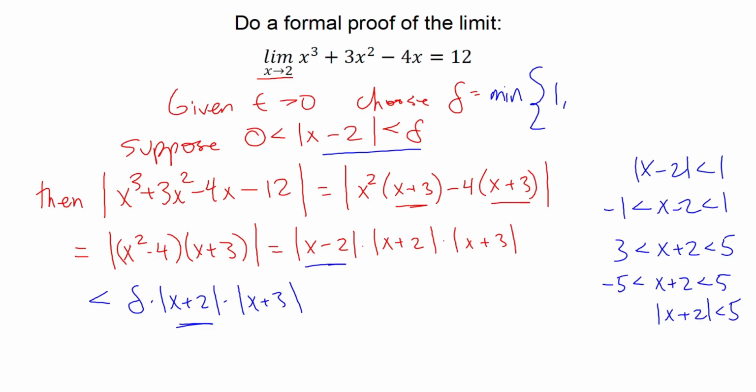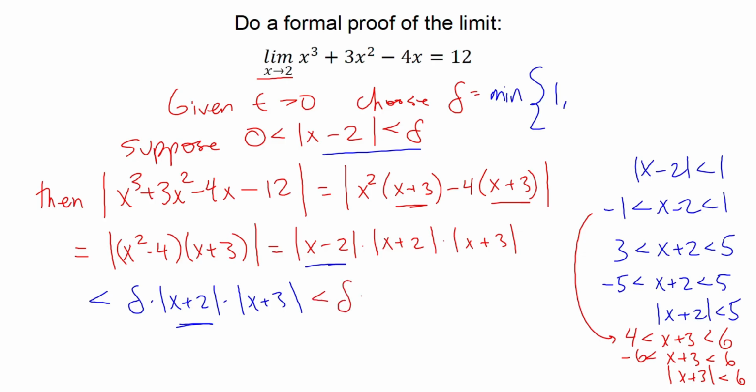And we can also, from right here, turn this into x plus 3, we add 5 to everything, is less than 6 and greater than 4. And if that's true, then x plus 3 must be less than 6 and greater than negative 6, which means that the absolute value of x plus 3 is less than 6. So the absolute value of x plus 2 is less than 5, and the absolute value of x plus 3 is less than 6.